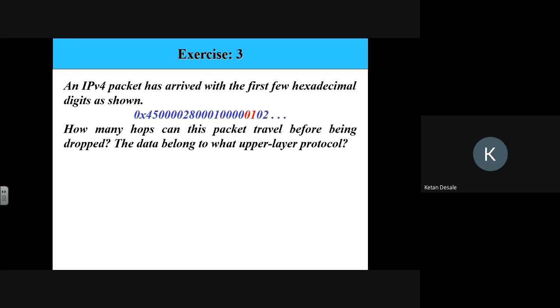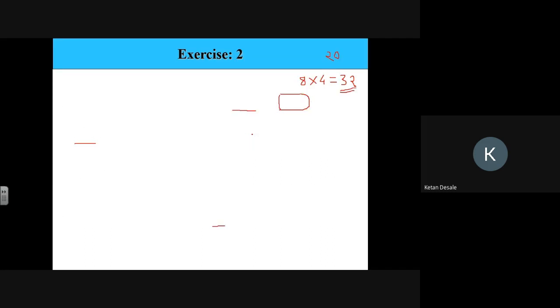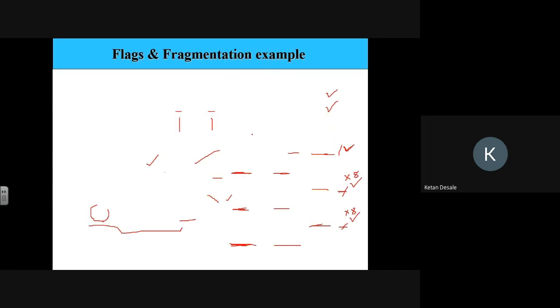In an IP version 4 packet, the packet has arrived with the first few hexadecimal digits given. You need to observe it here. How many hops can this packet travel? For this, you need the reference of this figure.